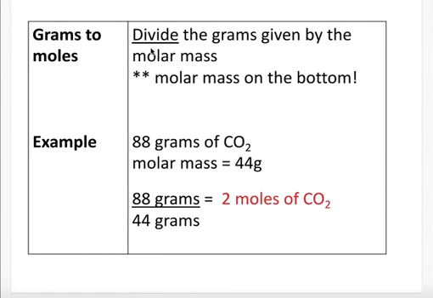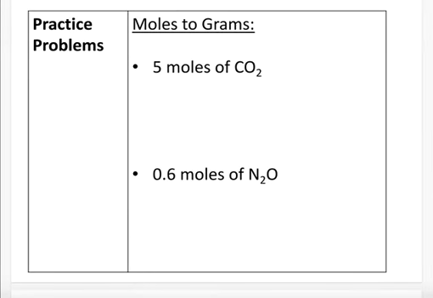Okay. Let's do a couple of practice problems. So 5 moles of carbon dioxide. Now, luckily for you guys, we already figured out carbon dioxide is 44 grams. So again, I need the molar mass, which in this case is 44 grams for carbon dioxide. What I'm going to do is multiply that by the number of moles.